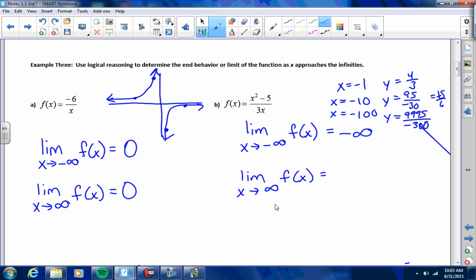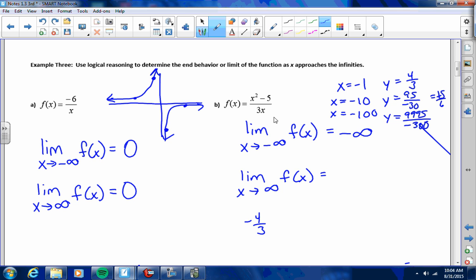Now let's go positives. Now x is getting bigger. So if x is a positive 1, 1 squared minus 5 is negative 4, divided by 3 times 1 is 3, so that's negative 4/3. Now what happens when x is positive 10? 10 squared is 100, minus 5, 95, divided by 3 times positive 10.